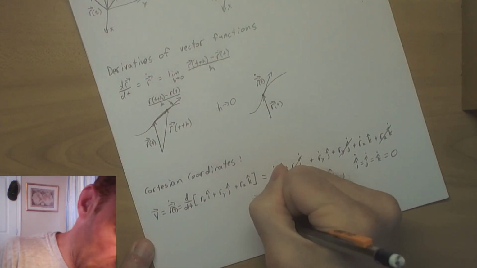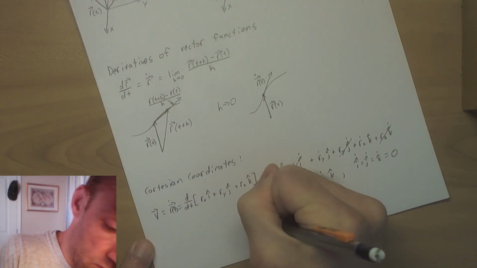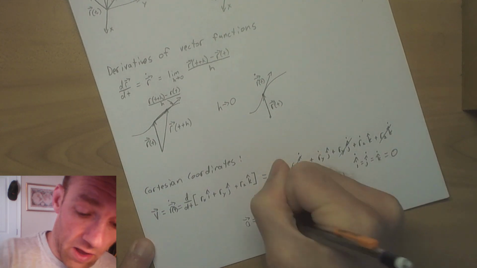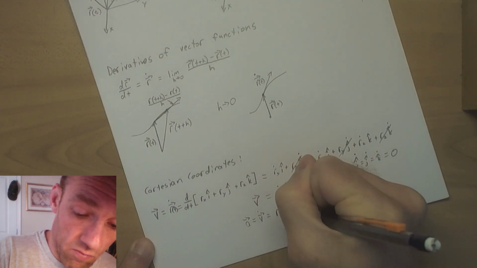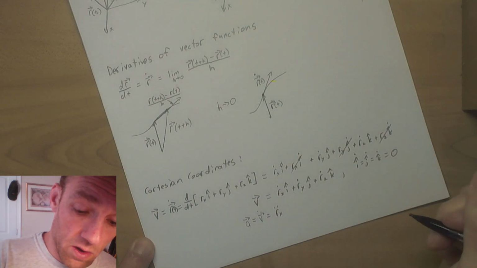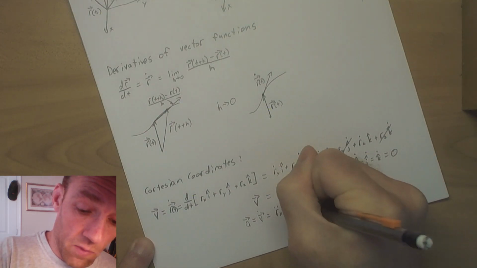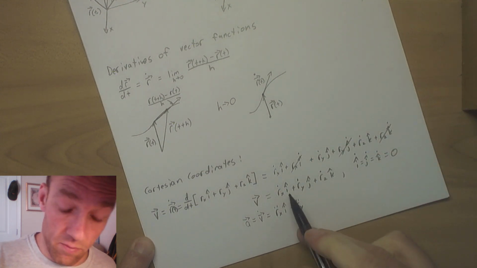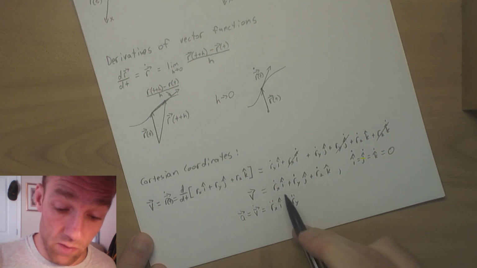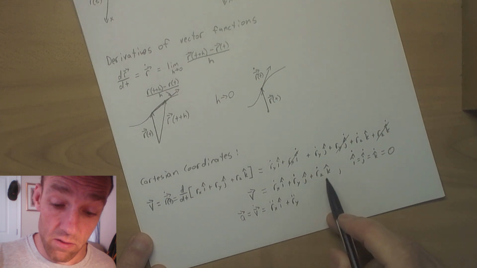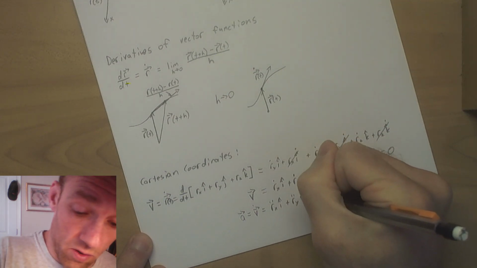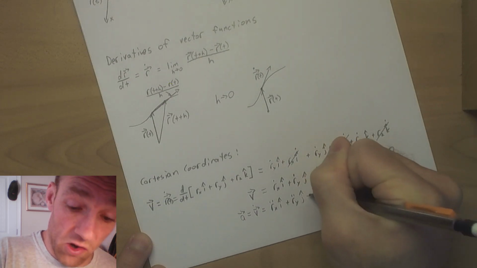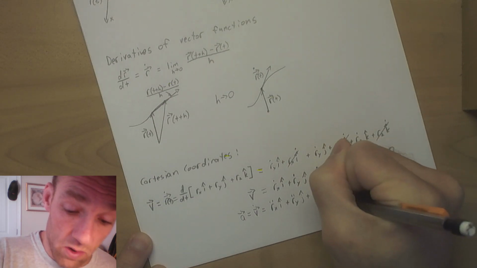Likewise, the acceleration is just the time derivative of the velocity vector, which is the second derivative of the position vector. Again, that's because the basis vectors are constants. They don't change direction, nor do they change magnitude.